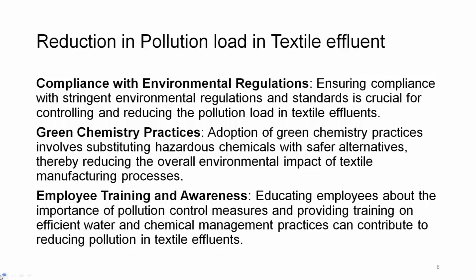Employees training and awareness. Educating employees about the importance of pollution control measures and providing training on efficient water and chemical management practices can contribute to reducing pollution in textile effluent. So, this is also one of the ways of reducing the pollution load.